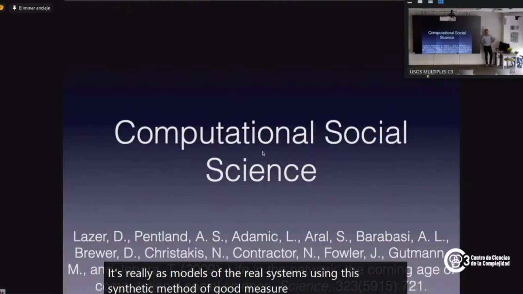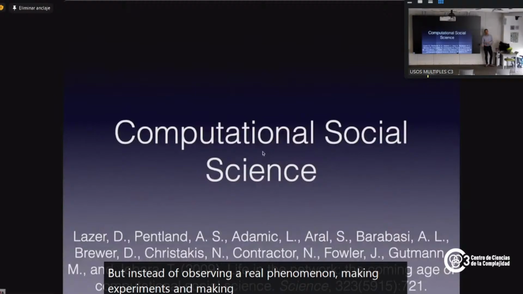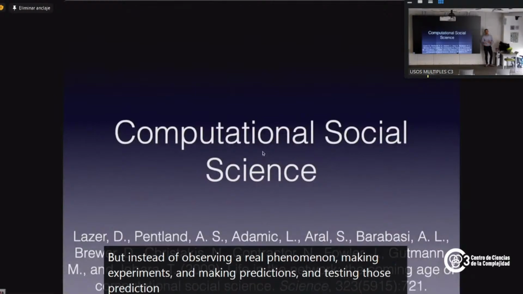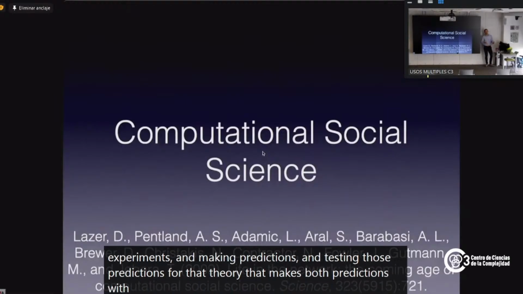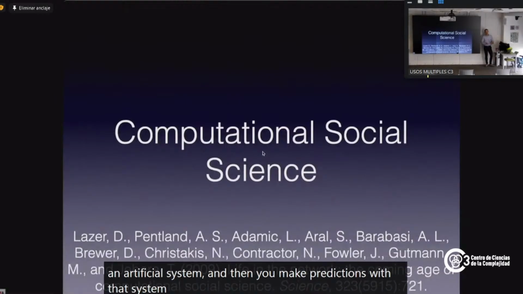Instead of observing a real phenomenon, making experiments and making predictions, and then testing those predictions of the theory with a real phenomenon, you do a simulation or you build an artificial system, and then you make predictions with that system, and you observe, and then you reproduce what you observe in the real system.